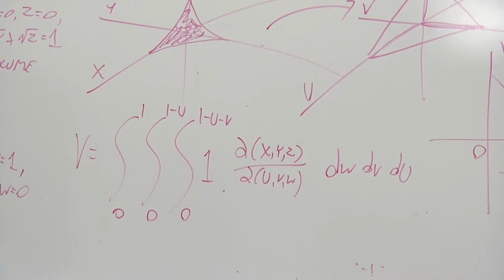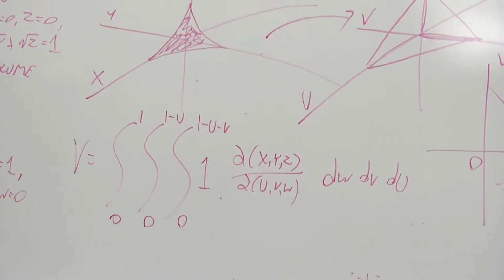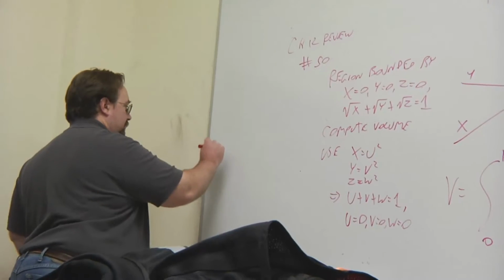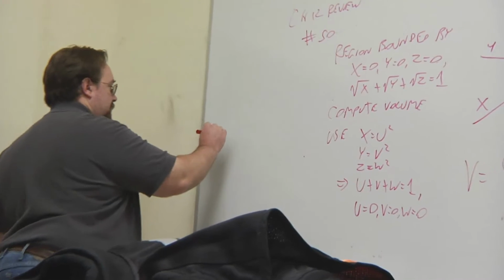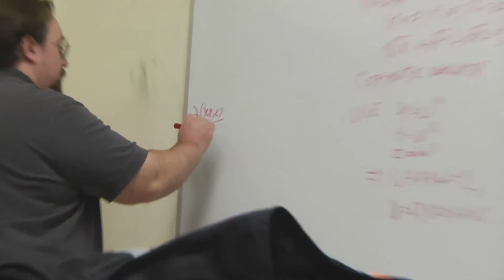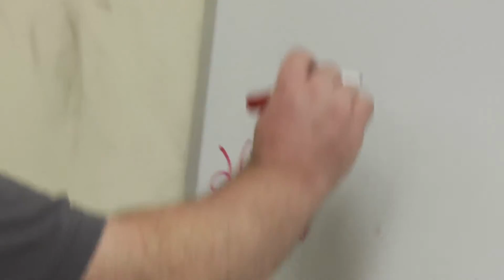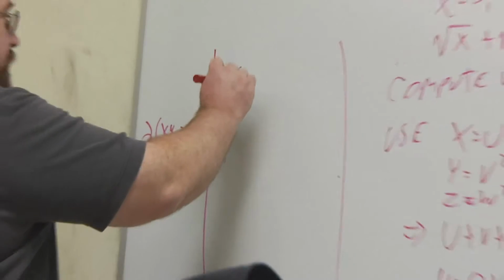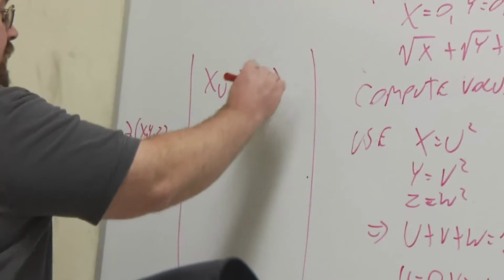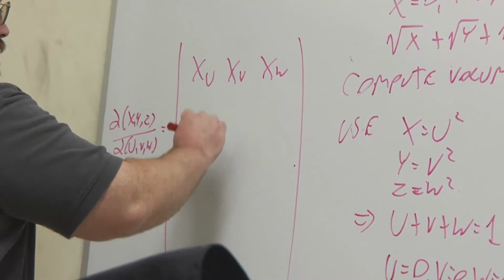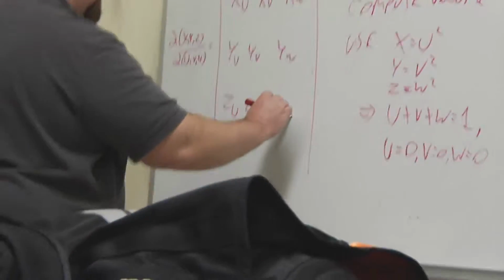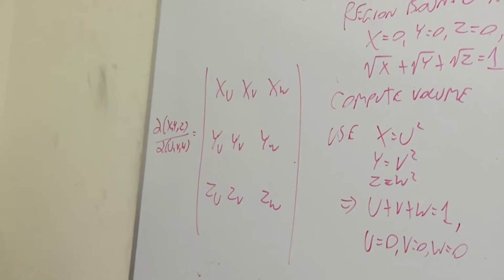Now, since that completes the change of variables, and normally that would be a real pain, because what you'd have to do is compute the determinant of xu, xv, xw, yu, yv, yw, zu, zv, zw, and do a 3x3 determinant.